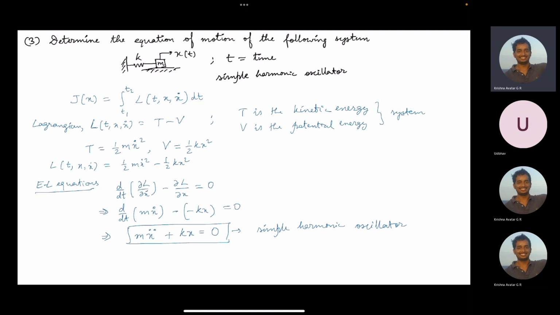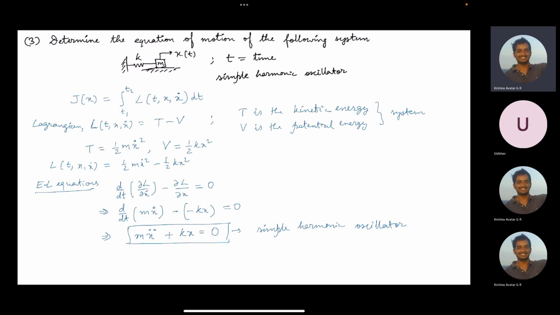The net extension is x1 minus x2. As you very well know, the energy stored in a spring is solely due to the extension, the change in length from the original state of the spring. So the net extension is x1 minus x2.